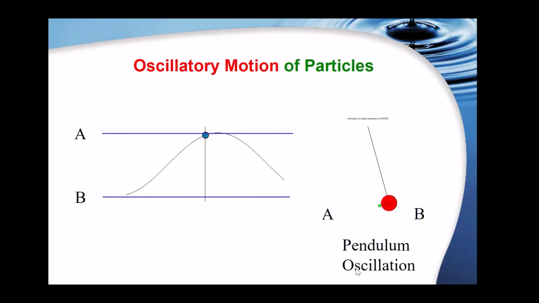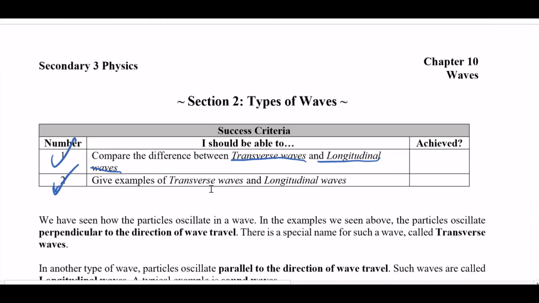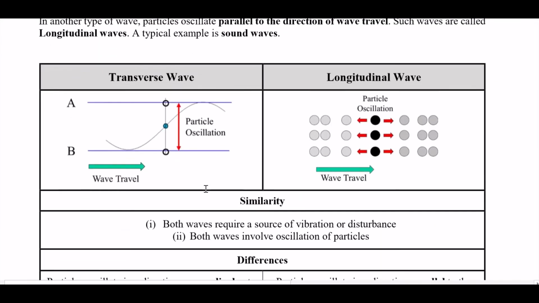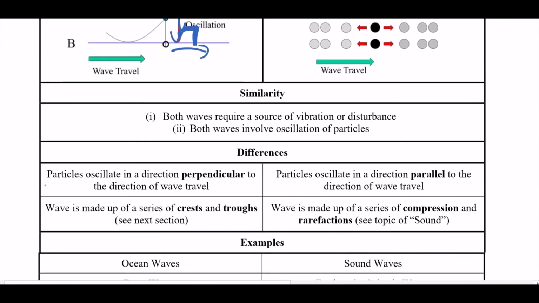In this case, the wave is moving to the right, but the particle is moving up and down, so it's quite clear that the motion of the particle is perpendicular to the direction of wave travel. If I draw a right angle here, that is the characteristic of a transverse wave. For a transverse wave, particles oscillate in the direction perpendicular to the direction of wave travel.